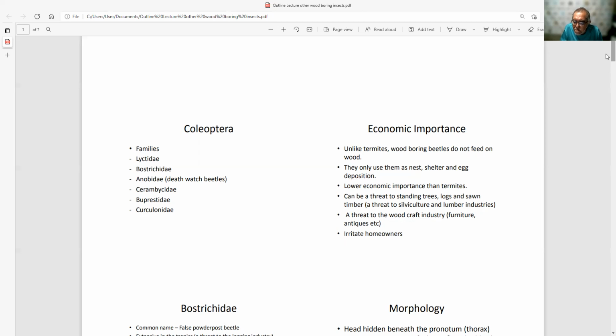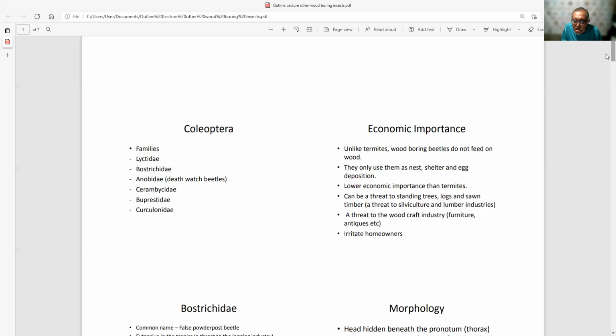When you have, for instance, perabot hiasan ataupun perabot-perabot lama, antik, it destroys the aesthetic value, and thus the monetary value, and also the heritage, nilai pewarisan, barang-barang antik, which can be quite economically devastating.